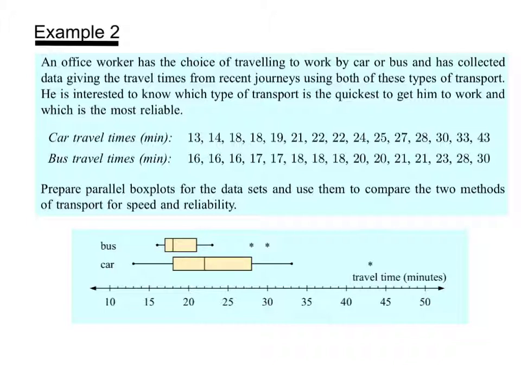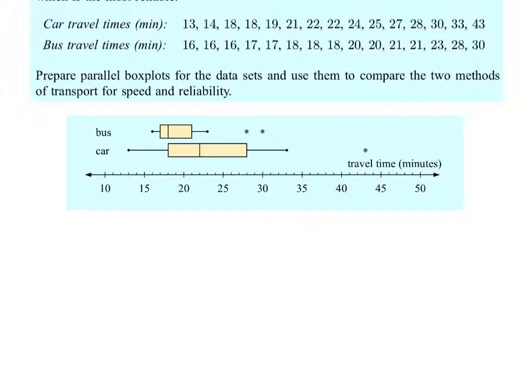So if we want to compare two things, the speed of each method and the reliability of each method, we can look at 2 different statistics. So to compare the speed, we'll look at the medians.